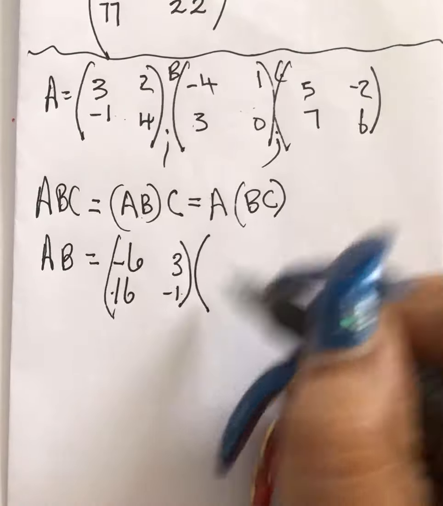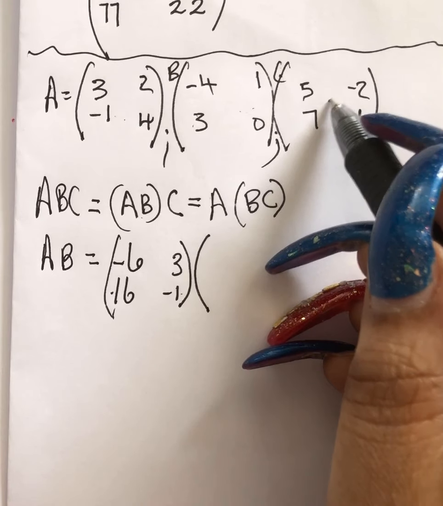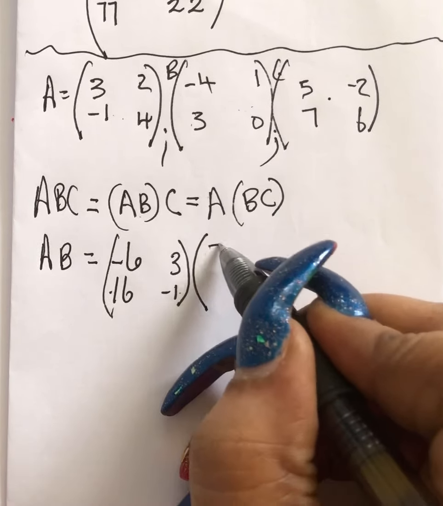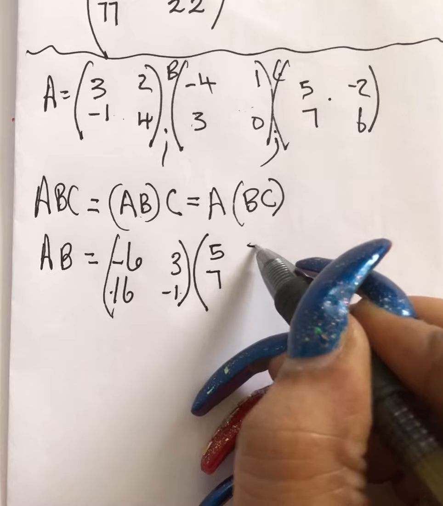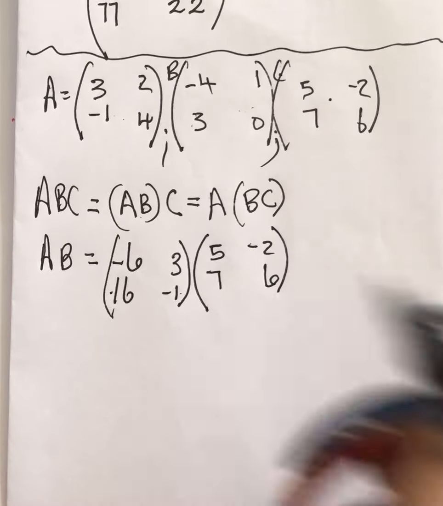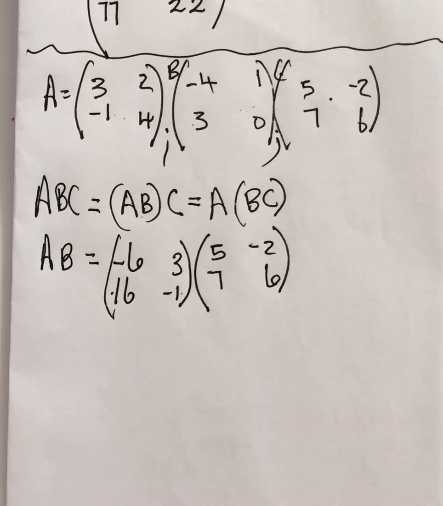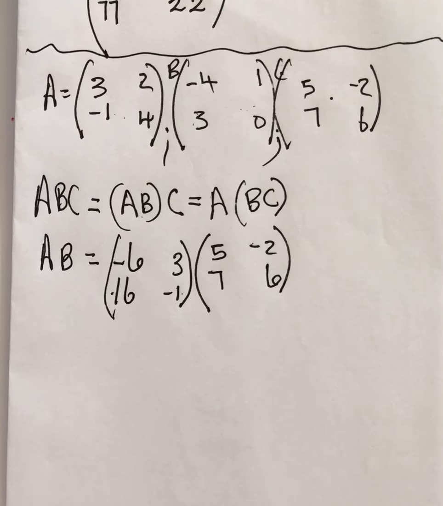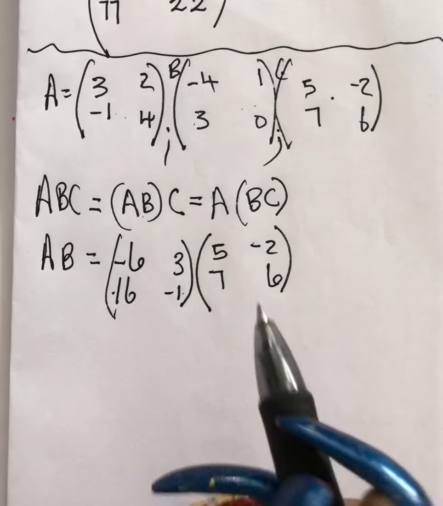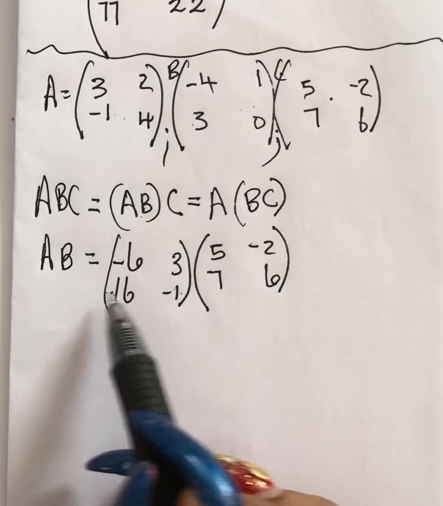All I need to do now is to bring in the matrix C. The matrix C says, and then I just multiply these two. Good. Again, I urge you to view the other video, which is the previous one. That's video number 1. It has the solution step by step to how we arrived at our AB.